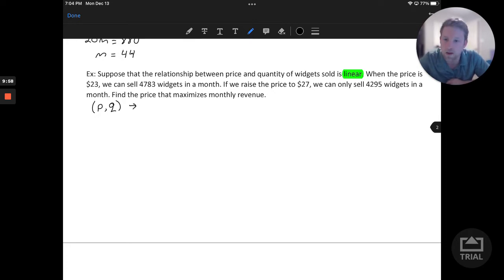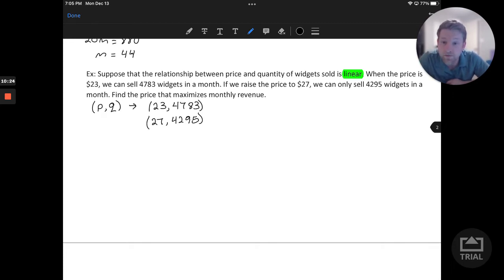So with these P comma Q points, the first one we could say at $23, we have a result of 4,783. And then the second point we have is 27 has a result of 4,295. So two linear points, again, price, comma, quantity.